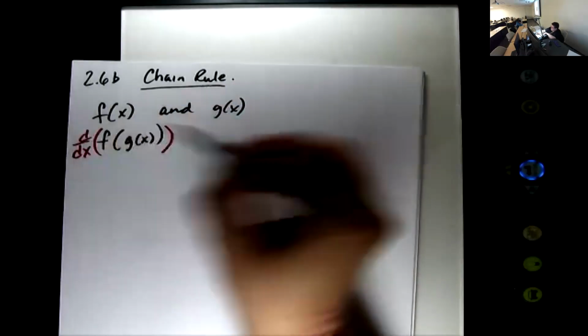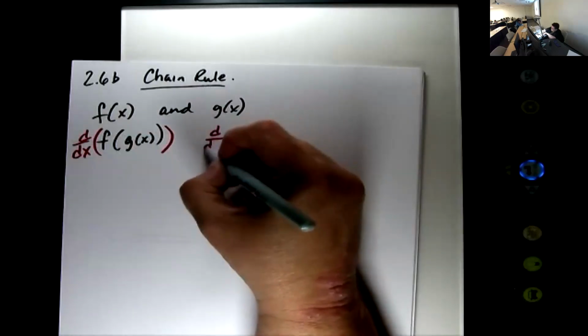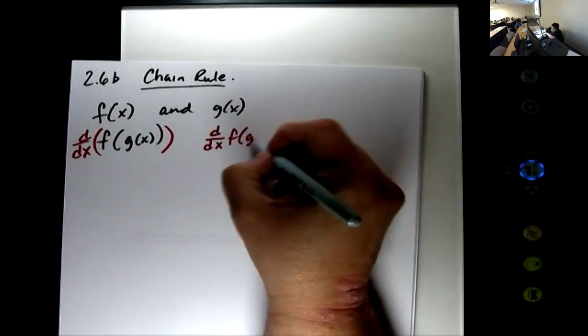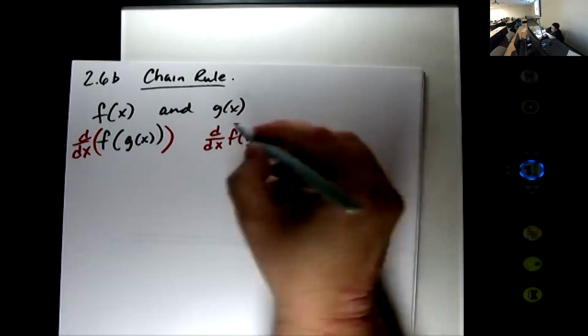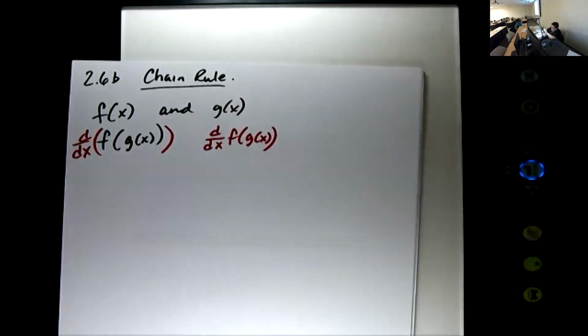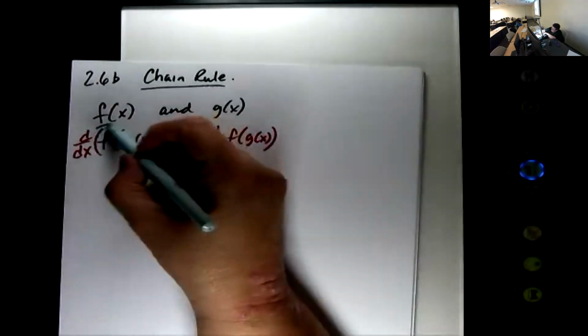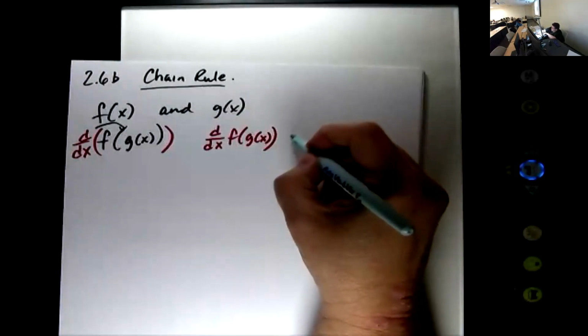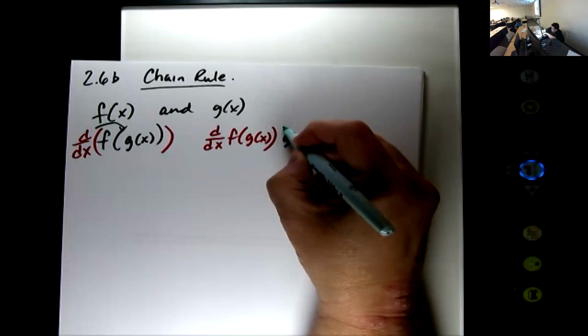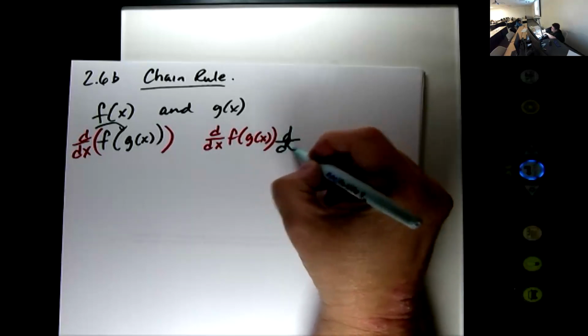It works inward. The derivative starts off hitting the f, and then the next step, the derivative travels inside the parentheses. So then we have d dx of g of x.